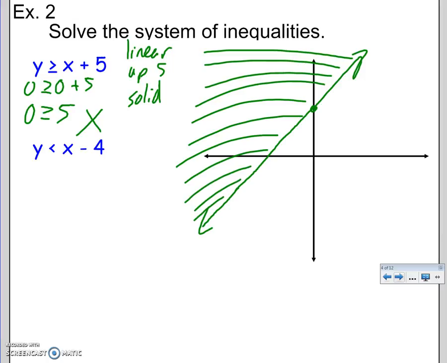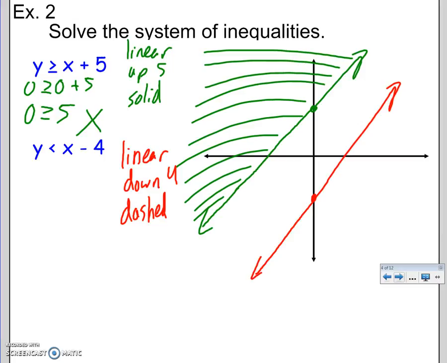Alright, I'll try the bottom one. Y is less than x minus 4. Again, it's linear. It is down 4. And that's it. Oh, it's also dashed or dotted. So I go down 4, somewhere around here. Regular diagonal, it's not taller or wider.